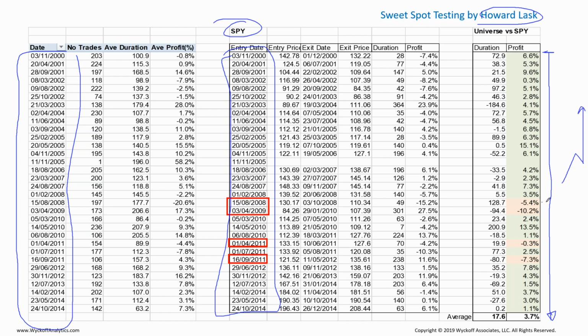And we could see that it's only in 4 cases where the sweet spot has not outperformed. And I think this is a really good result. And statistically, we are outperforming in some cases quite significantly. We have to look at exactly why, what was in there, and so on and so forth.